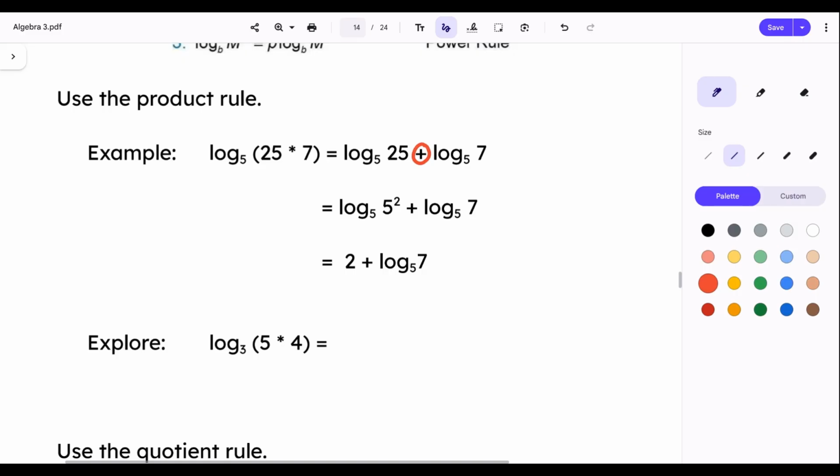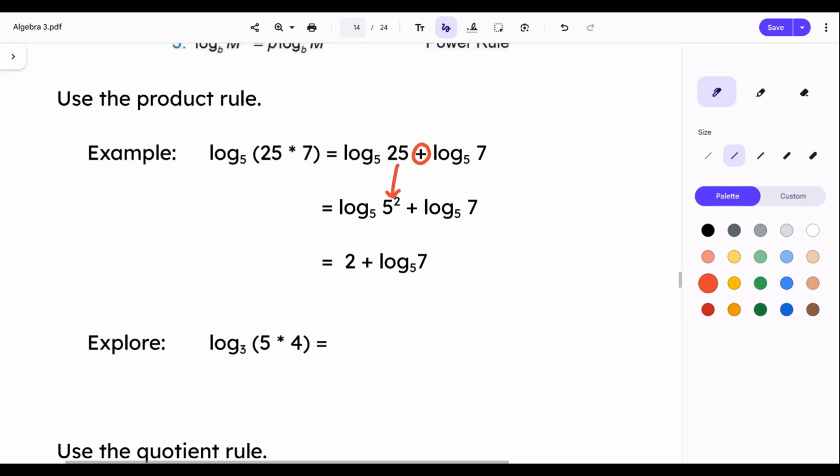Something else that they might do then is if you start to rewrite things, the reason why we do that is because sometimes it makes it easier for us to solve things and be able to actually simplify the expressions. So what they did next here is they rewrote this as log base 5 still, but they took that 25 and they made it become 5 squared.